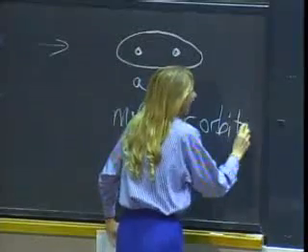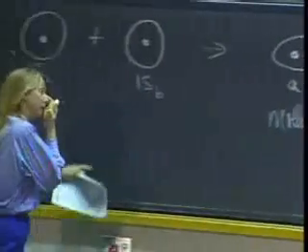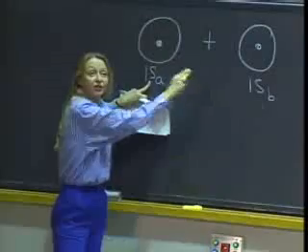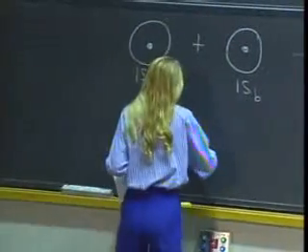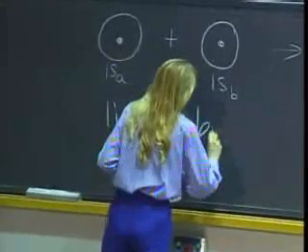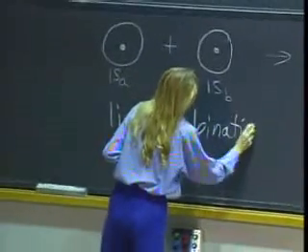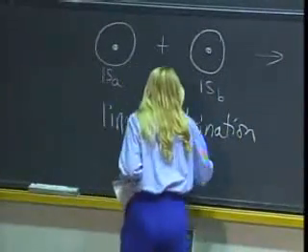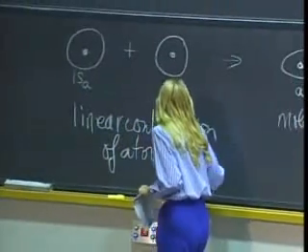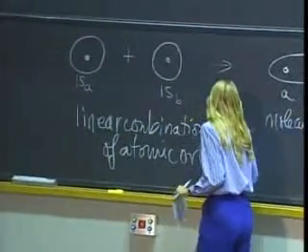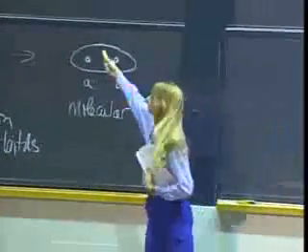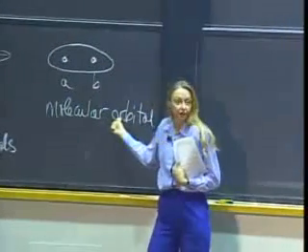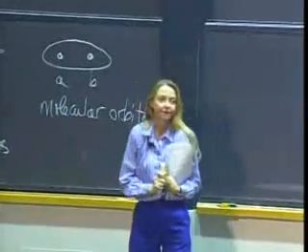And how we got it was simply a linear combination of atomic orbitals. This is a linear combination of atomic orbitals. We just brought those two atoms close enough so that their wave functions overlapped with constructive interference, and the result is a molecular wave function.